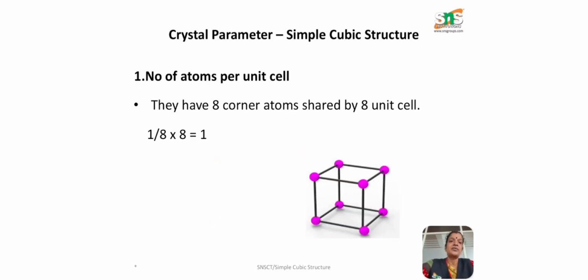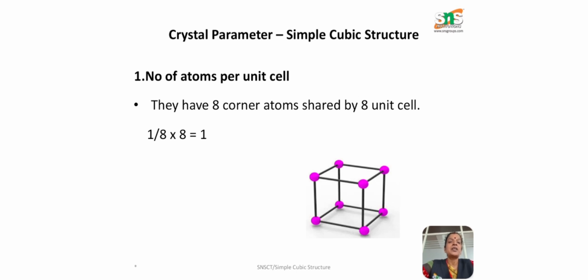First we are seeing the simple cubic structure. The number of atoms per unit cell: in the picture we can see the cubical structure has 8 corner atoms. Each corner atom is shared by 8 unit cells. So this is calculated as 1 by 8 into 8, which is 1.